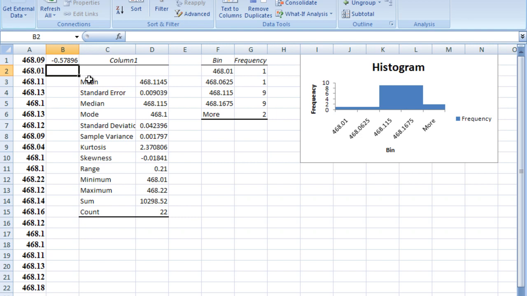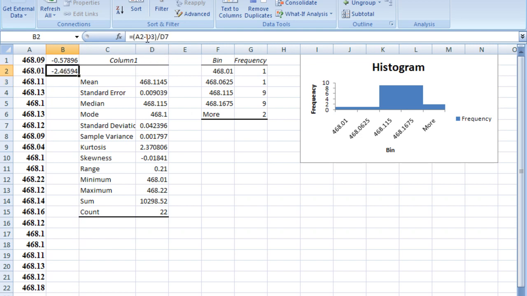The only one that even comes close is the second one, as you take 468.01, subtract it from the mean value, and divide it by the standard deviation of the sample, and you can see that comes up to negative 2.46, not outside plus or minus 3 standard deviations, but still pretty far out there on the limb of the normal curve. So you can go ahead and do that for the rest of them.